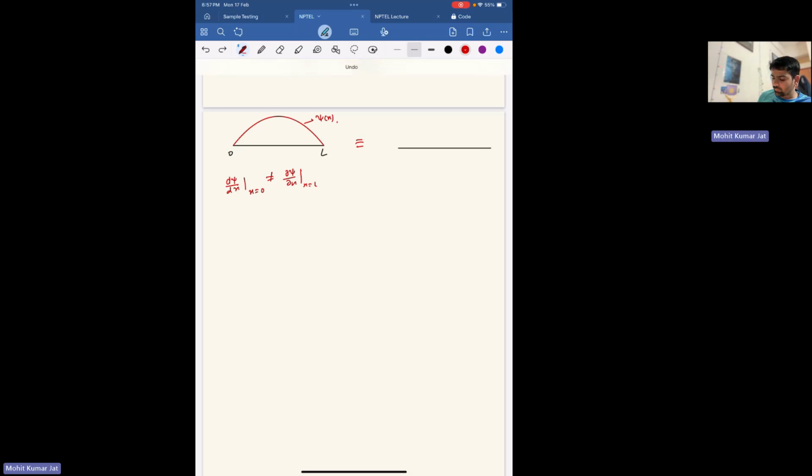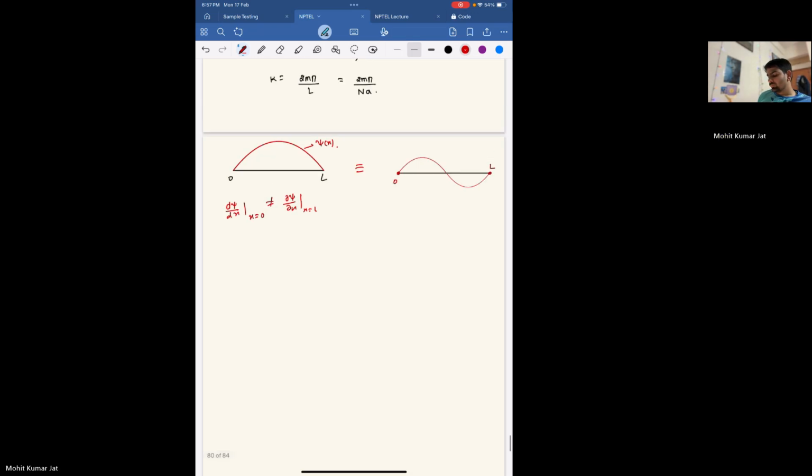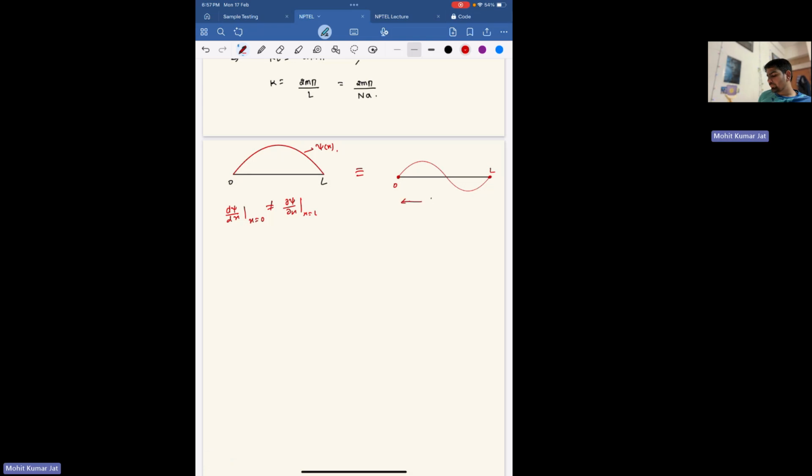It has to do something like this. And then you can paste and rotate it. Yeah. So minimum, this is my 0, this is my L. And this we all know is lambda.